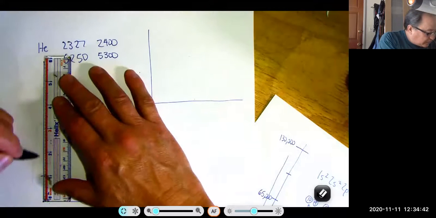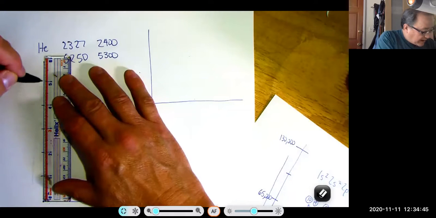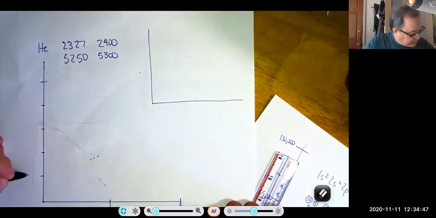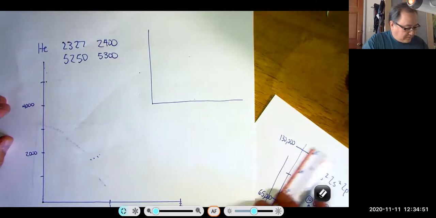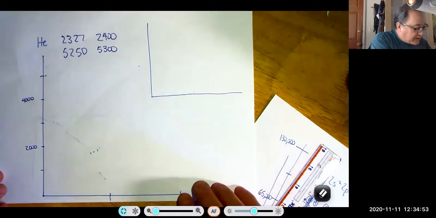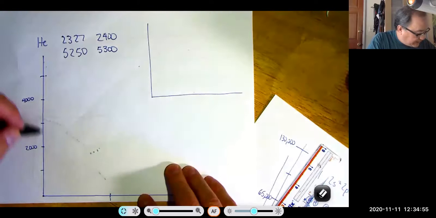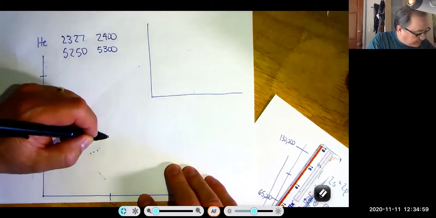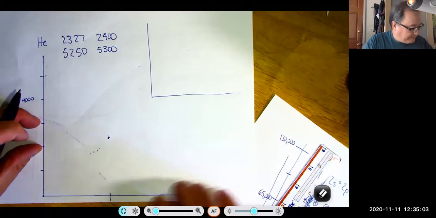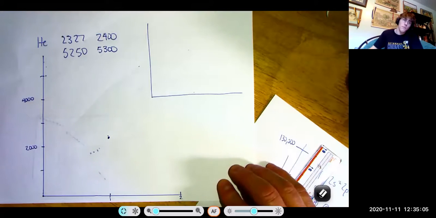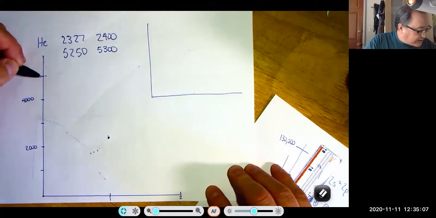And 1, 2, 3, 4, 5. So this is 2,000 and this is 4,000. The first one would be at 2,400, which would be pretty much right there, a little less than halfway between 2,000 and 4,000, right? Yeah. And 5,300 would be somewhere around here.